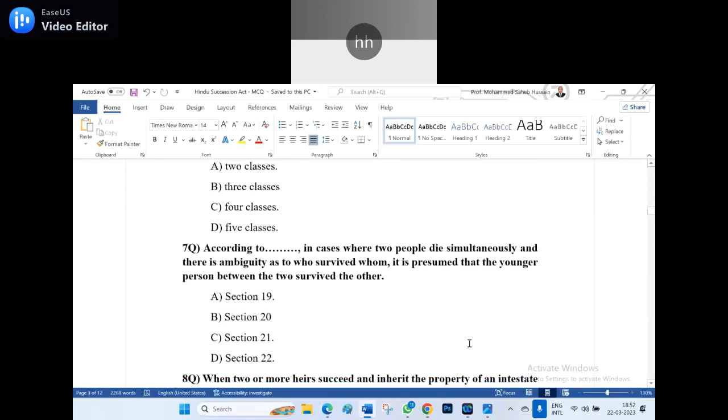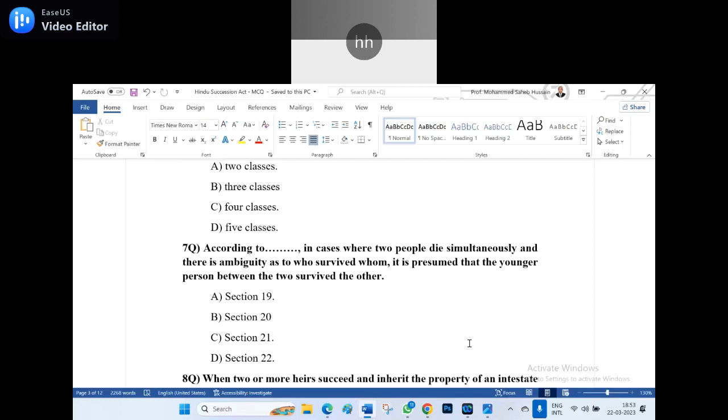Seventh, according to Section dash, in cases where two people die simultaneously and there is ambiguity as to who survived whom, it is presumed that the younger person between the two survived the other. Which section says?